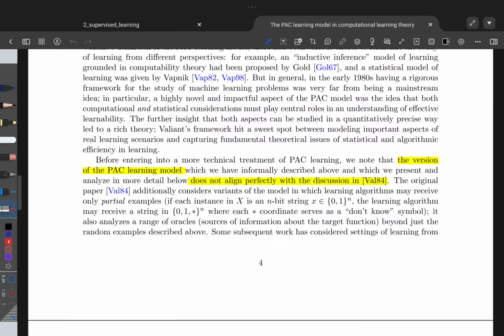But one point to note is that the kind of problems and the setup that we have seen is only one particular framework that was originally considered by Valiant. The original paper considered an even more generalized model where potentially there could be corruptions, or maybe you don't see all of X. If you think of X as a feature vector, maybe you don't observe all of the features.